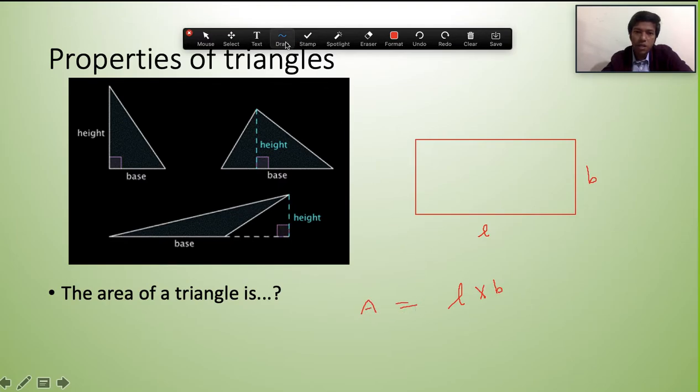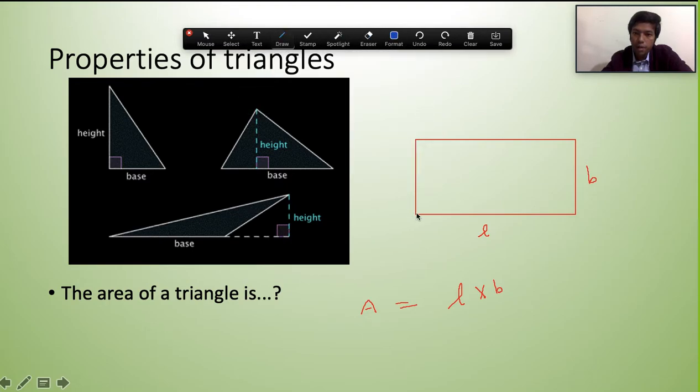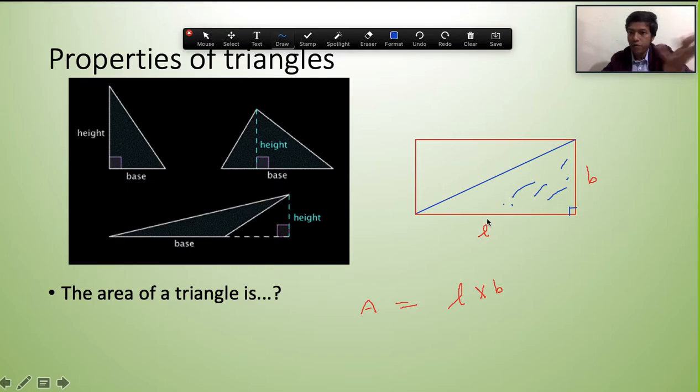Now you see, if we draw a line through the middle, then this is a right triangle. What is the area of this right triangle? This is half of the full figure, right?